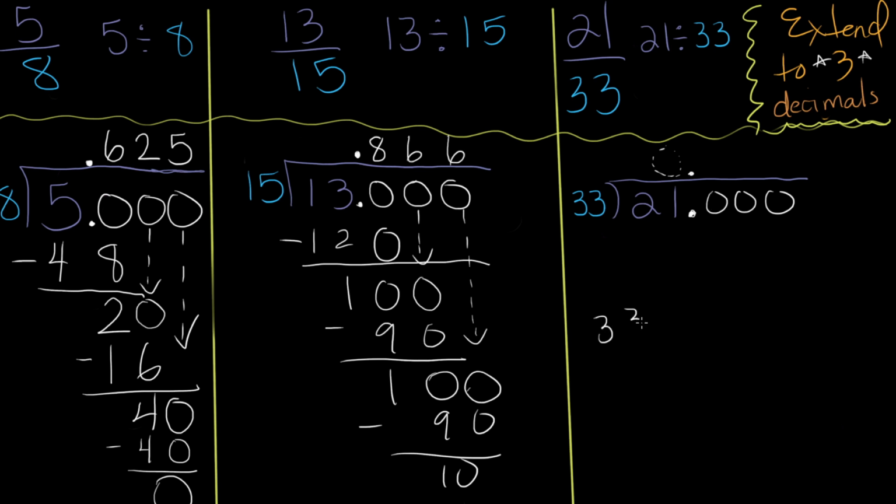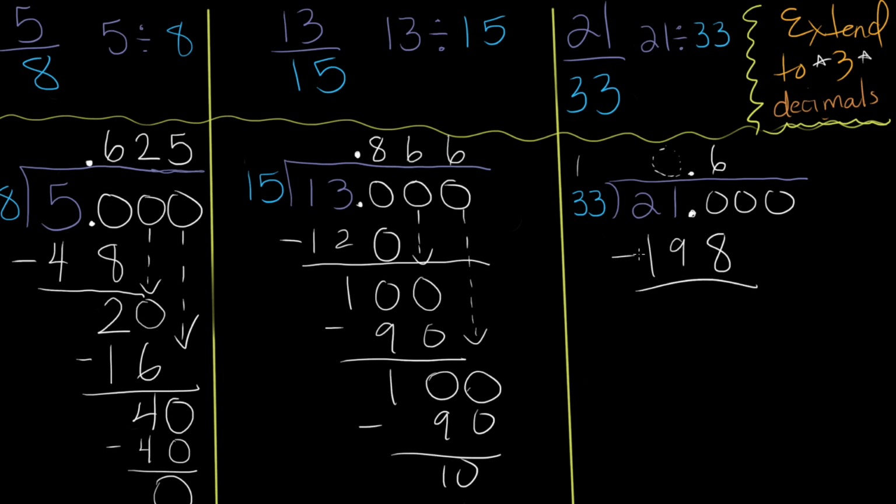Let's do 33 times 6. 6 times 3 is 18, carry the 1. 6 times 3 is 18, plus 1 is 198. So it's going to be 6 times. Okay, put down our 8, carry our 1. 6 times 3 is 18, plus 1, that's going to be 19.